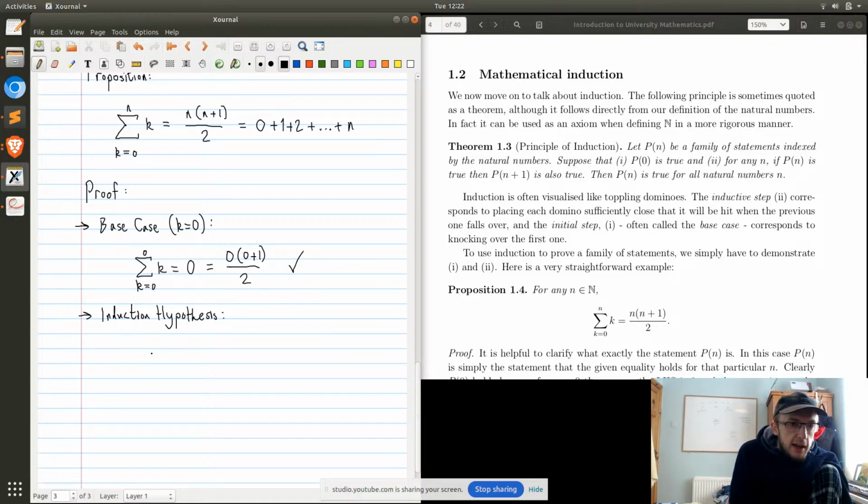The induction step. So suppose for some, wait, no, not suppose for some k. Suppose for some m.